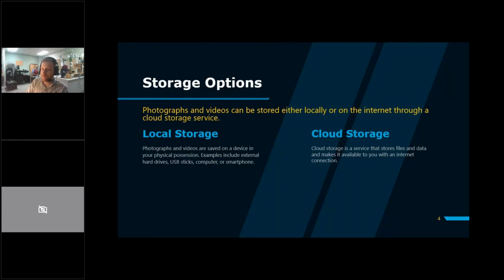So the file itself might actually be saved in some data warehouse in Texas, but you have access to it pretty much at all times. You get the accessibility out of it, but you don't really physically have it in your possession.